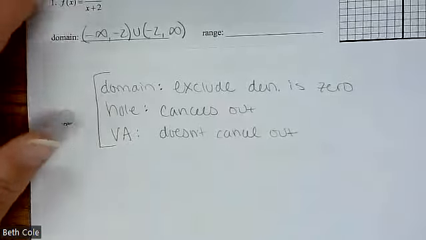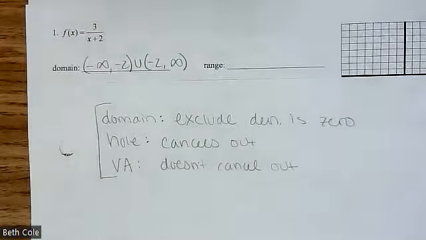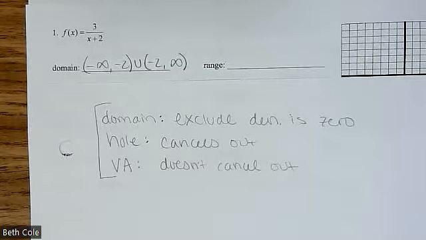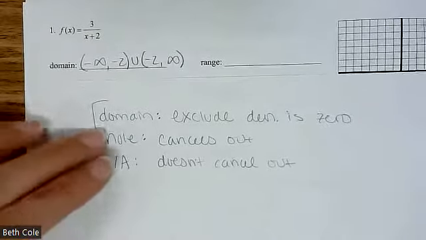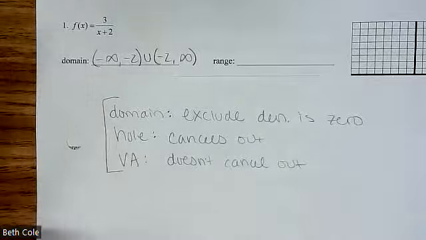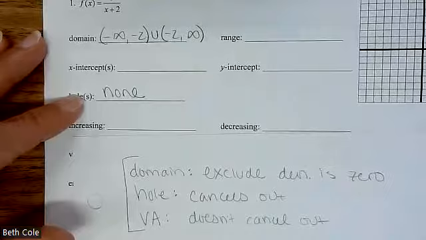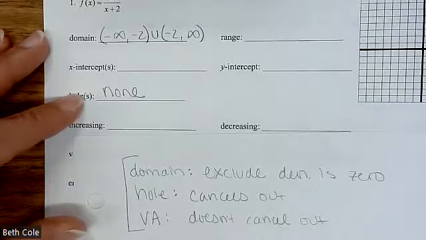So applying that to this problem, does anything cancel out? Did we slash anything out on the numerator and the denominator? No. So which one of these is it going to become? Vertical asymptote. Nothing canceled out, so there won't be a hole in the graph. Did you guys graph things with holes in them last year? Remember you put the little donut in the graph?